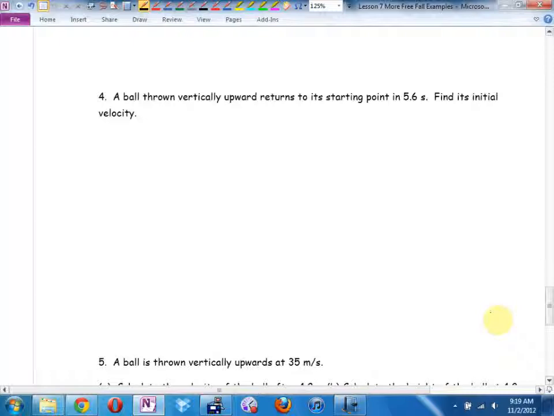We did one last day where we took into account the height that it was released from. What are they asking me to find? Well, let's write that. VI equals. What else do I know?